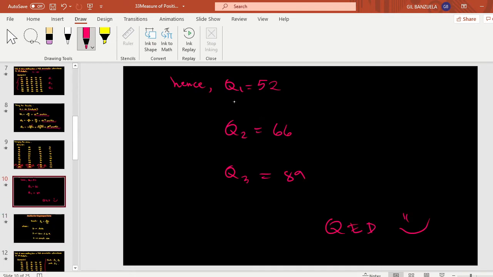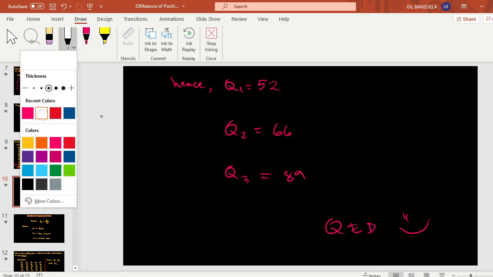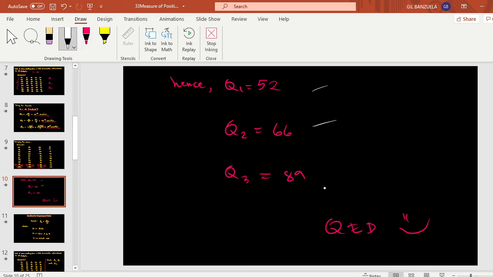Thus, quartile 1 is 52, quartile 2 is 66, and quartile 3 is 89. So quite easily done. That's how to get the quartiles for ungrouped data.